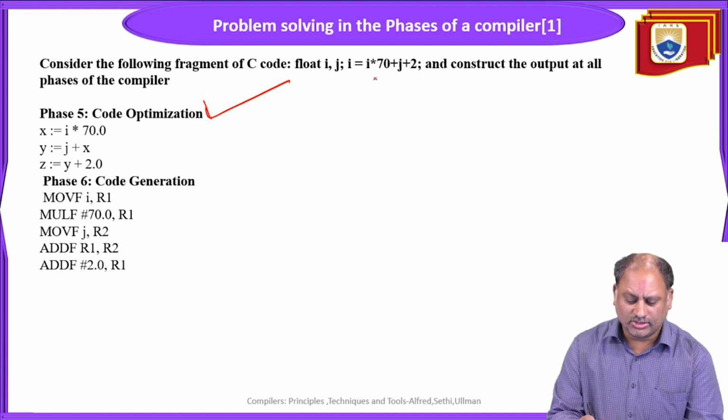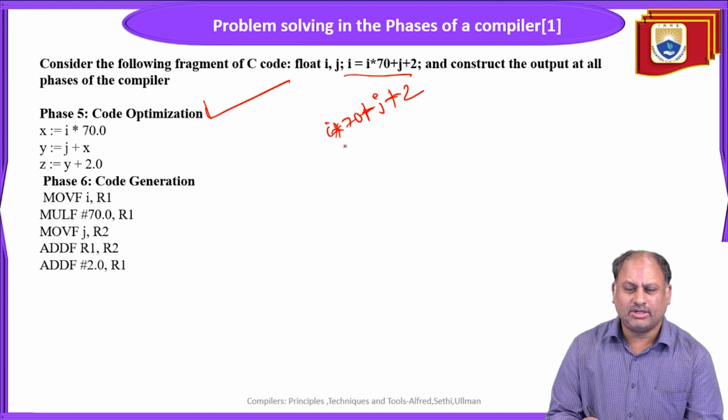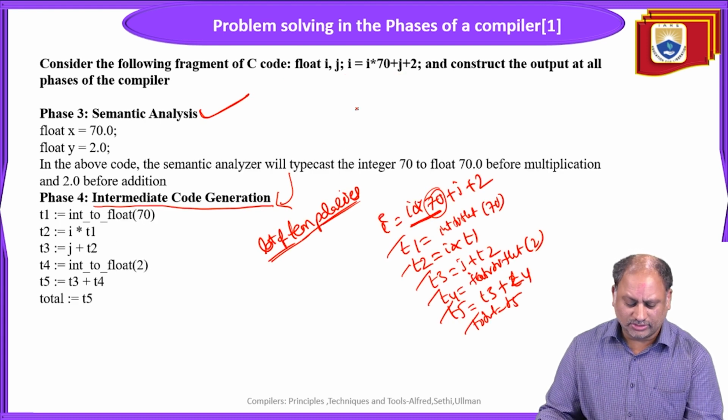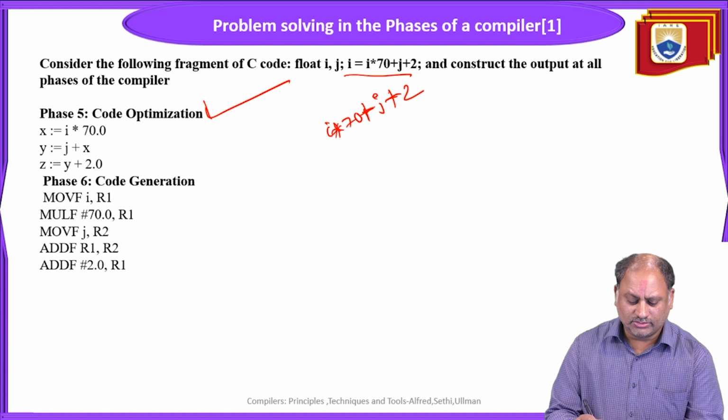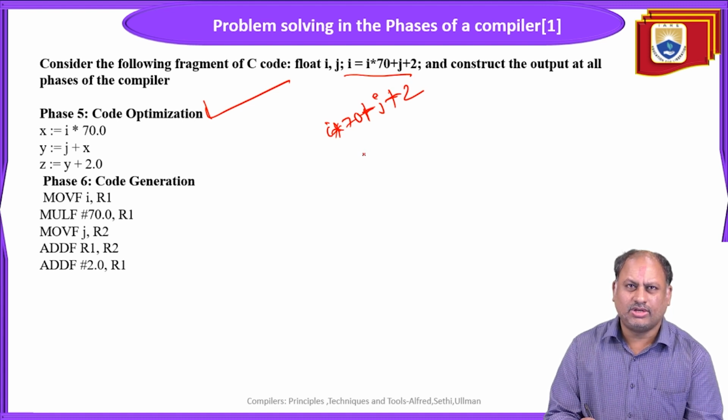So here in code optimization, see I star 70 plus J plus 2. Now, what is the code optimization that can be done here? Previously, code was generated with a lot of temporaries. Now, we are going to reduce the code with the help of this phase.